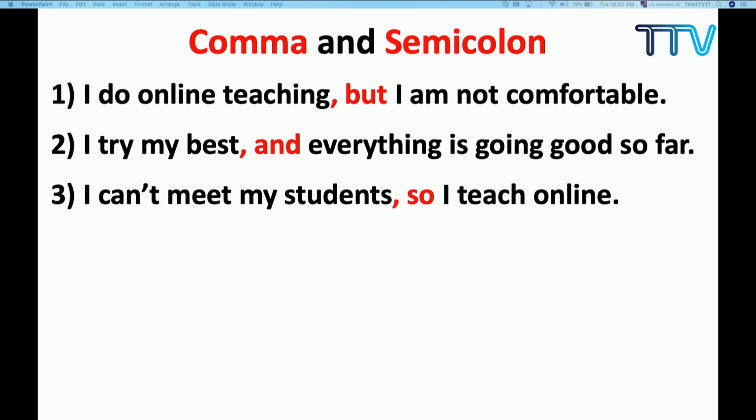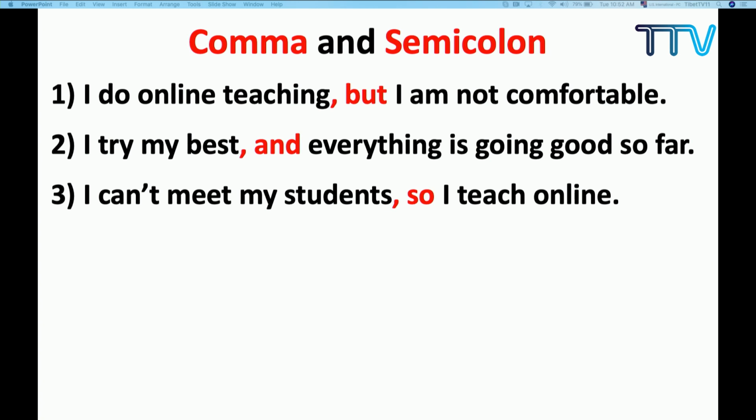This is a compound sentence because we have two simple sentences. I do online teaching is a complete simple sentence. I am not comfortable is also a simple sentence. We join them with the word but, so this becomes a compound sentence.